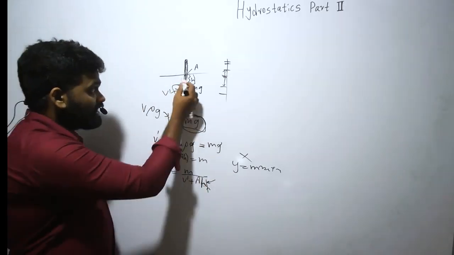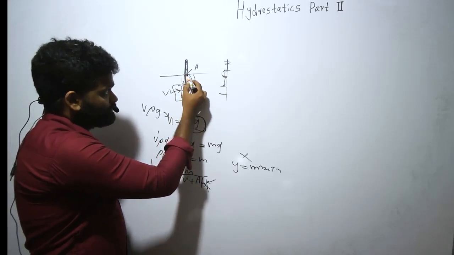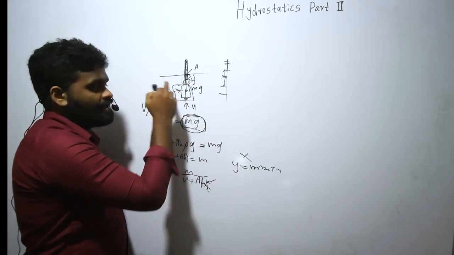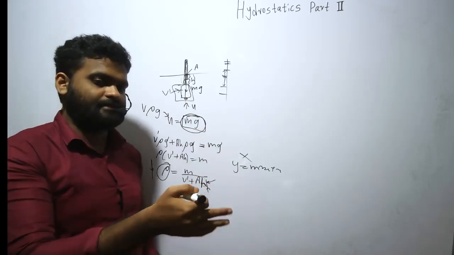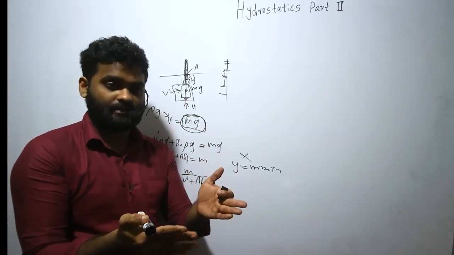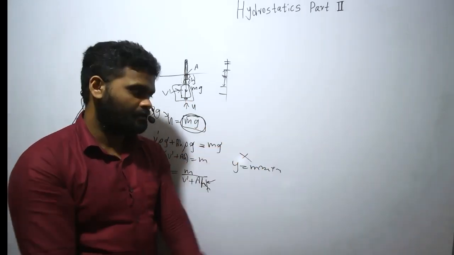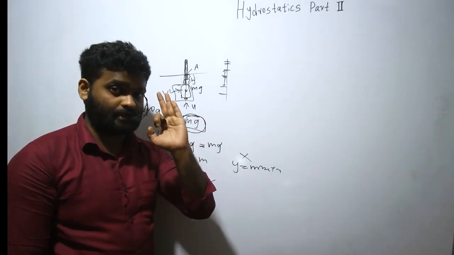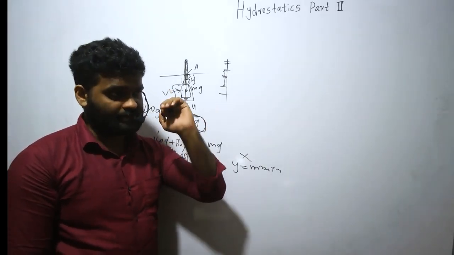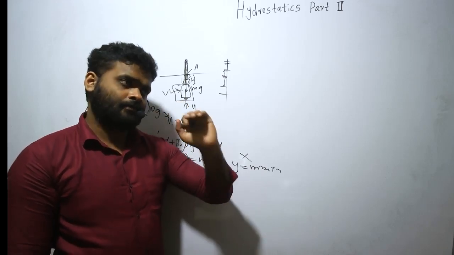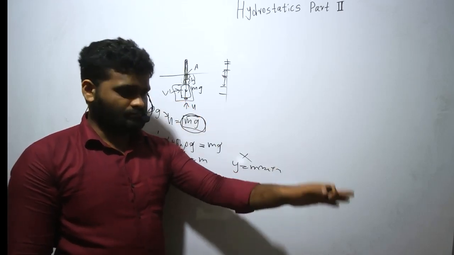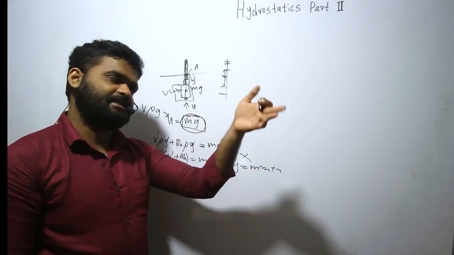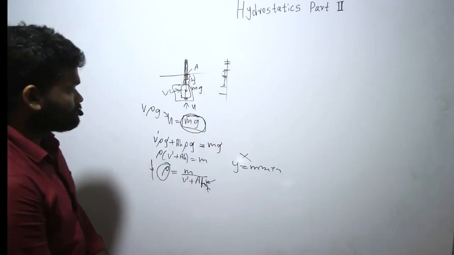So if this has a large response, large reading for a small change of the density, then we say that hydrometer has a higher sensitivity. So it is sensitive, right? If the response is higher, not response time, okay, response, if the response is higher for a given change, then we say that is more sensitive.